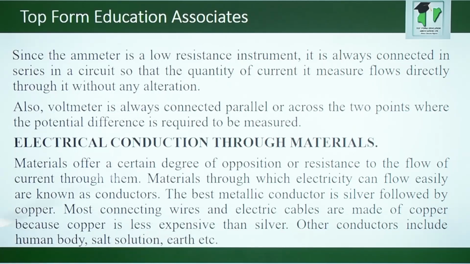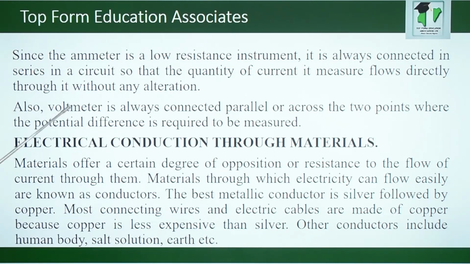Are you getting it? If you have something like a resistor in between, it will resist the current flowing, and you will not be able to measure the accurate amount of current flowing from the battery into the circuit.